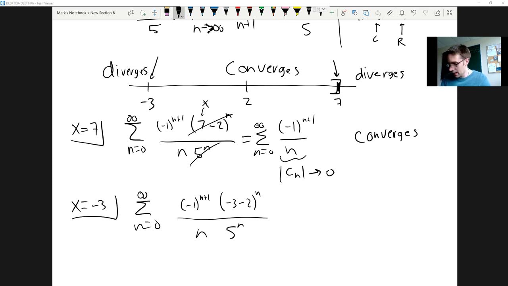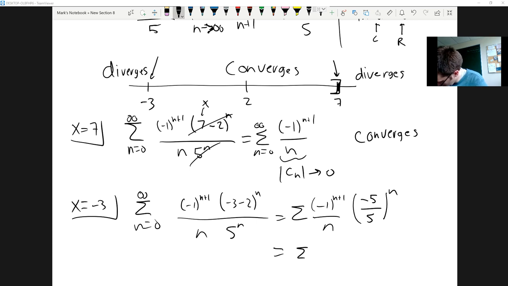Well, that is just negative 5 to the n, which we could write as negative 5 over 5 to the n, if we take into account the denominator, which is just negative 1. And so here we have negative 1 to the n. Here we have negative 1 to the n plus 1, which means we have a total of negative 1 to the 2n plus 1 over n.